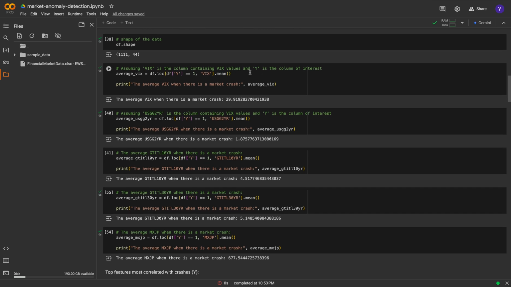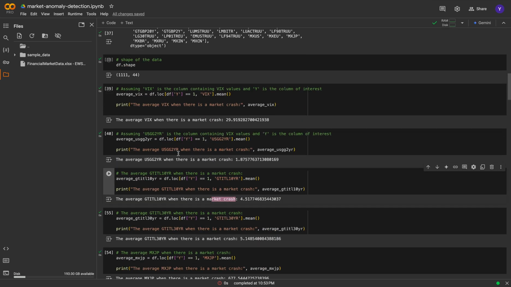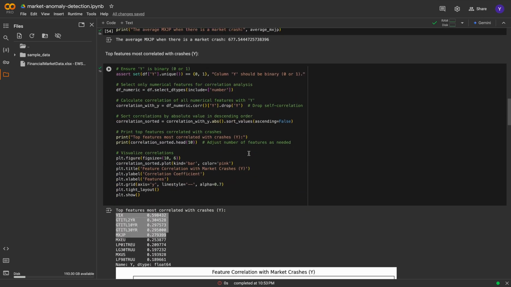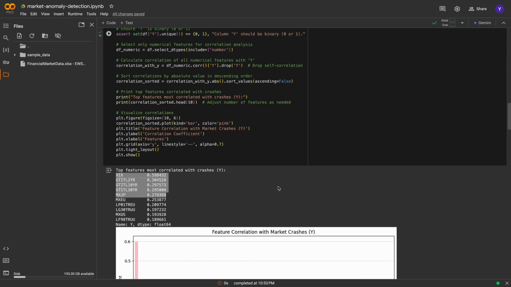I also obtained the average for other features to detect when there's a market crash. And I obtained this 5 by using this chart over here.